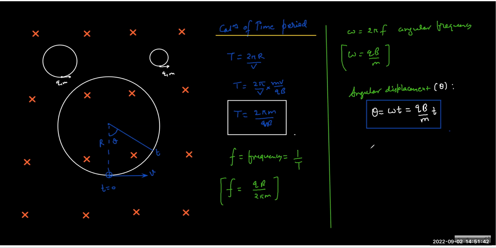So given a theta, we can find t as theta by omega, and omega we know is QB by M. So it's like theta M by QB. So you can insert any theta, and you will get the time it will take to turn. Understood? Yes, sir. Sir, can I just come back in a minute? Yeah, sure.